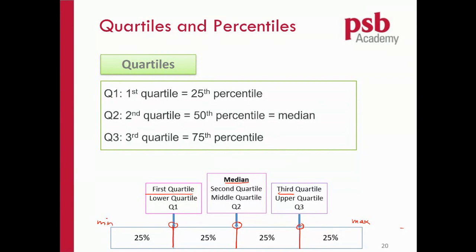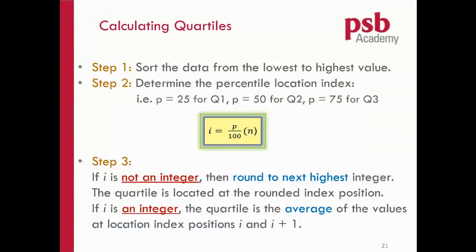Now, how do you calculate the quartiles? You're going to use the I formula again. Remember the P in this I formula looks a little bit different from the median, right? Not really so. For the first quartile, Q1, it is at the 25th percent, so you put P equals to 25%.